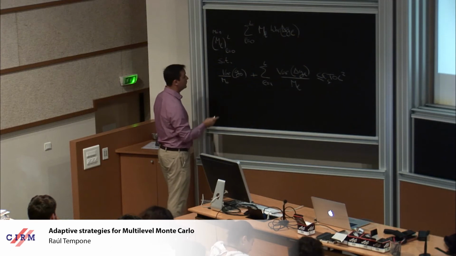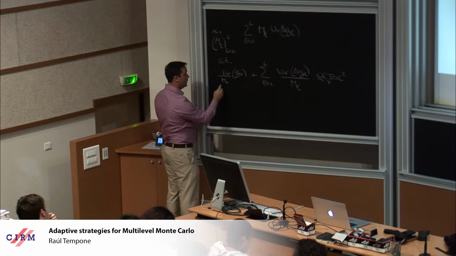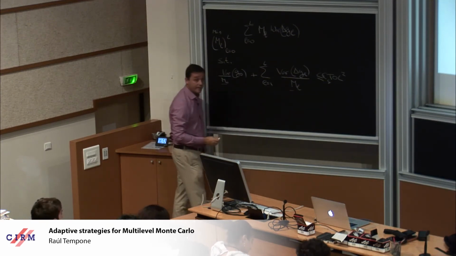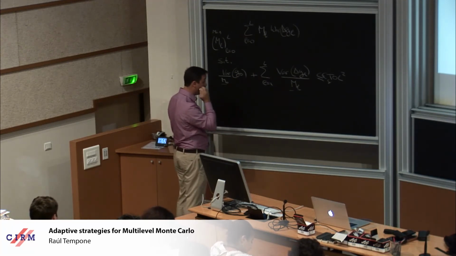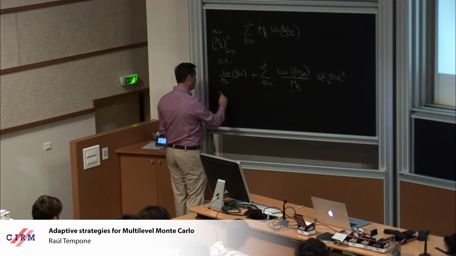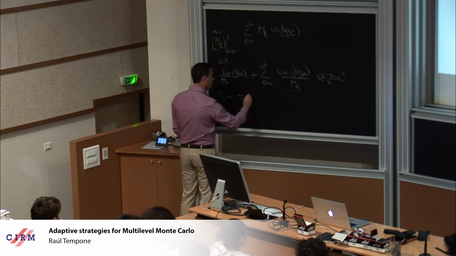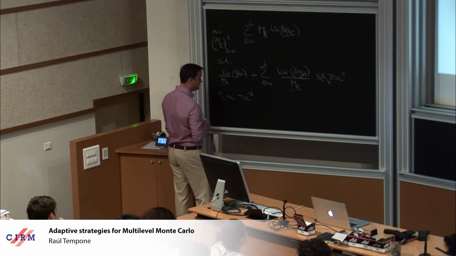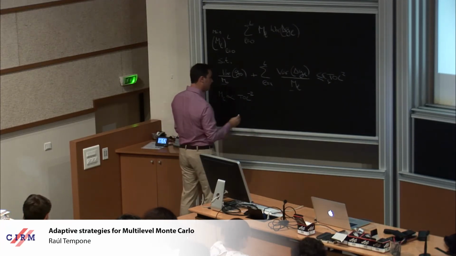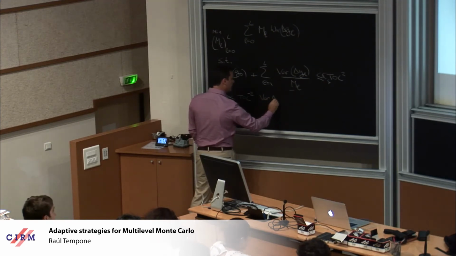Okay, so the control variables here are ML, capital L plus 1, right? And here you see how they act. So you can just write a Lagrange relaxation, and you realize that you can find these MLs, and MLs are going to be, at least if you make a real value relaxation first, tol to the minus 2, and then there's a constant here that is coming out of the levels, and this essentially is the variance of delta GL, I think.